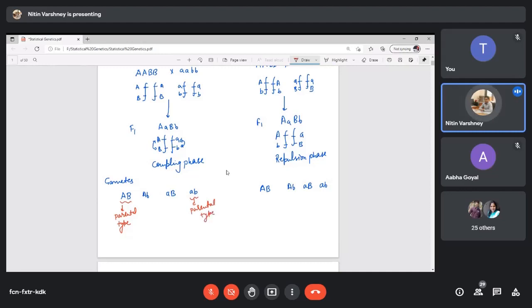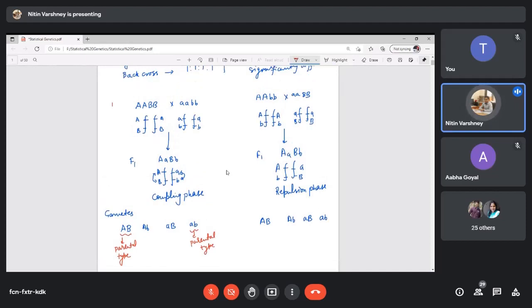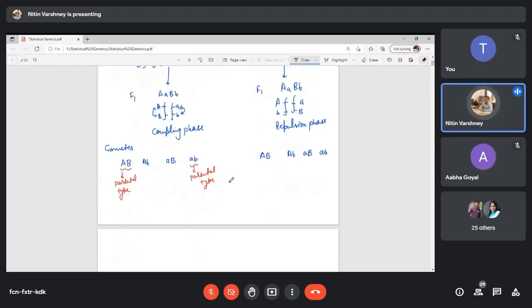See, this is our parent. Now the gametes will be AB and small a, small b. But here the gametes will be capital A, small b, and small a, capital B. So both of these are parental type, and these are called recombinant type, because we are getting two new gametes.